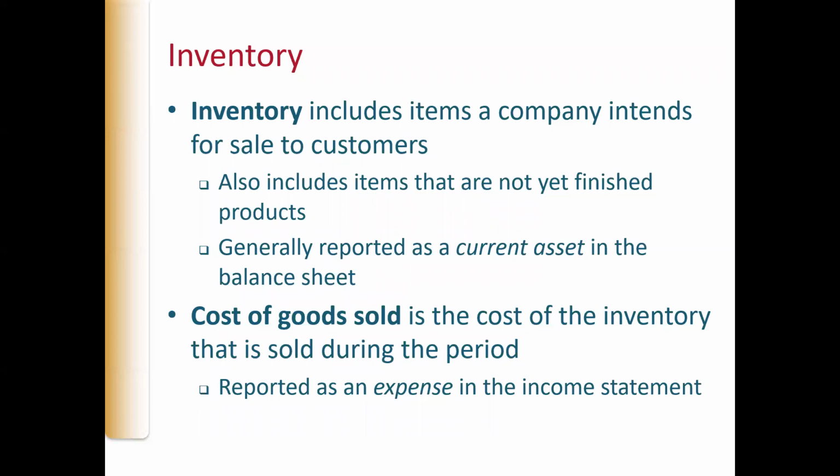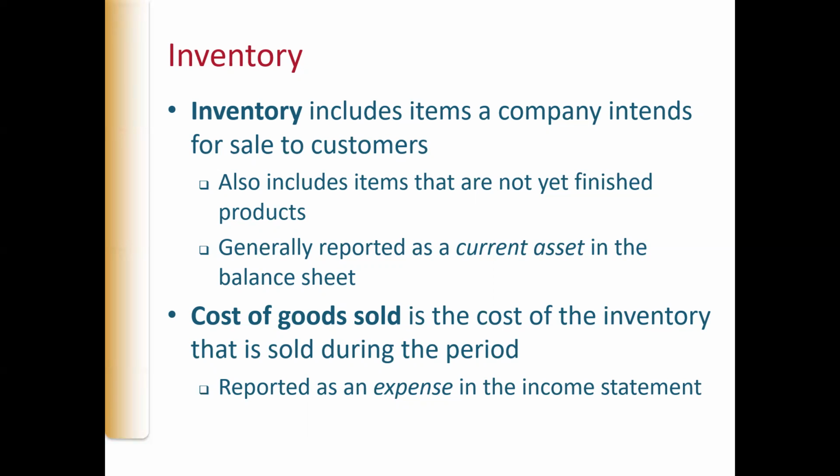Inventory is a current asset on the balance sheet. Once inventory is sold, it no longer is on the balance sheet. It becomes an expense called cost of goods sold on the income statement. Remember, inventory is an asset. It's on the balance sheet as a current asset.